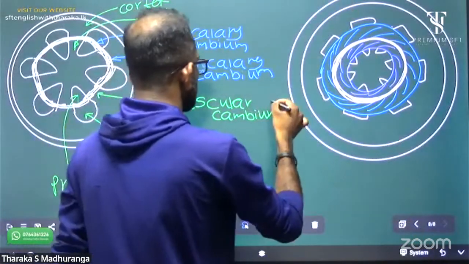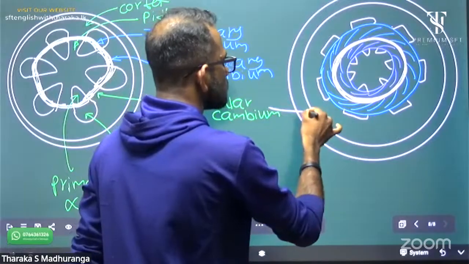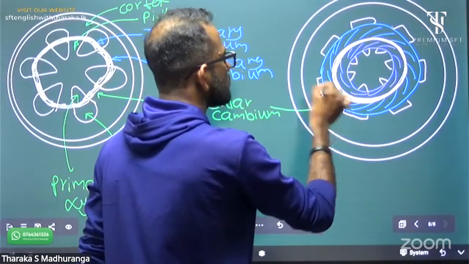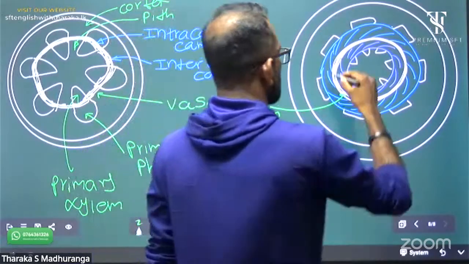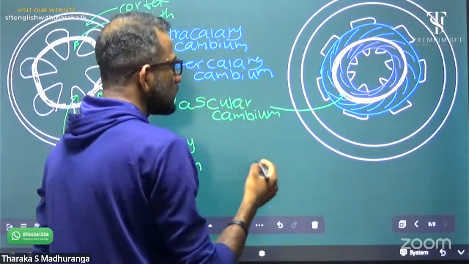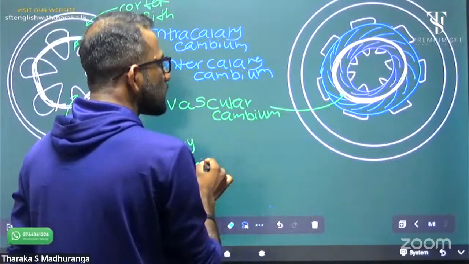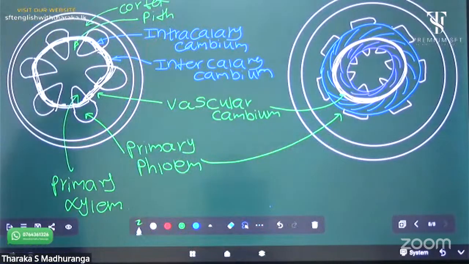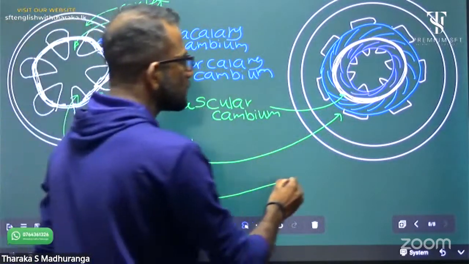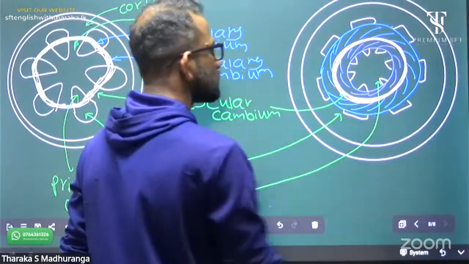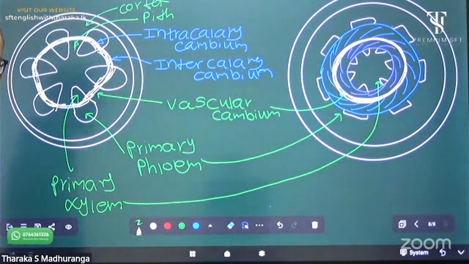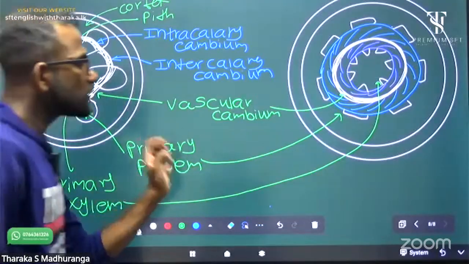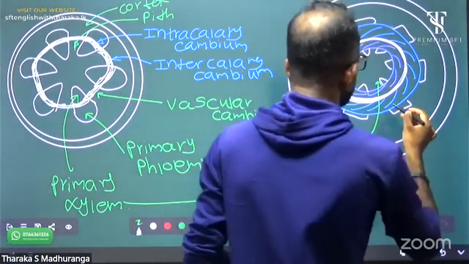Now this is the vascular cambium. This is primary phloem. This is primary xylem. Clearly label them. It doesn't matter if you name them differently. Okay. Primary xylem.